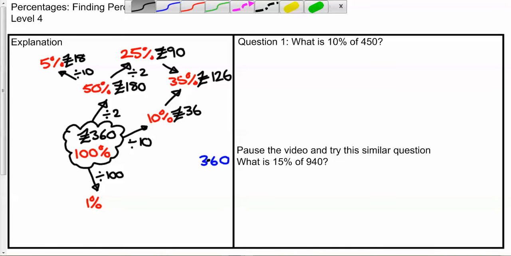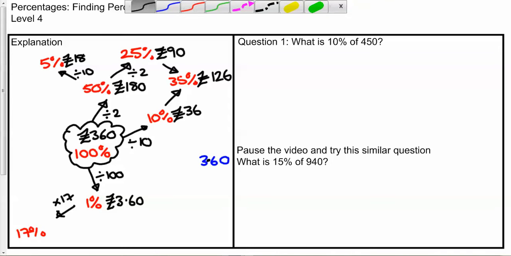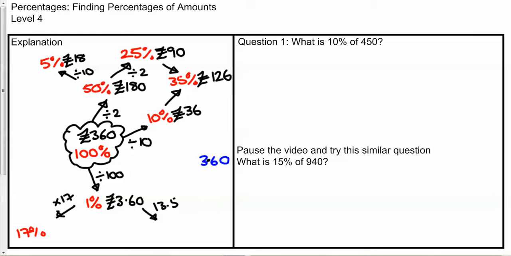That means if we divide by 100, we find that 1% is £3.60, and from there we could multiply it by 17, and that would give us 17%. Or we could multiply it by 13.5, and that would give us 13.5%. So that's a quick idea about how to find percentages of amounts.